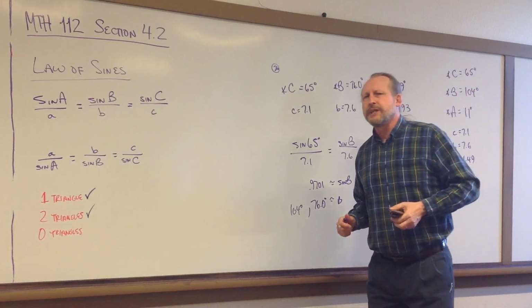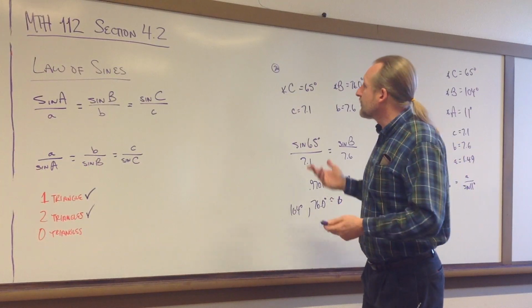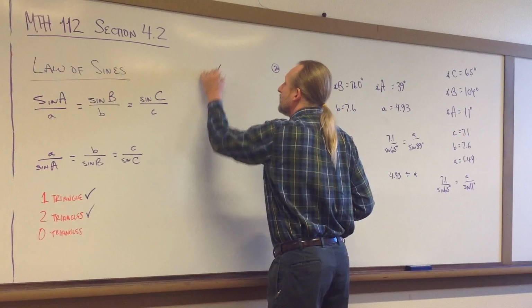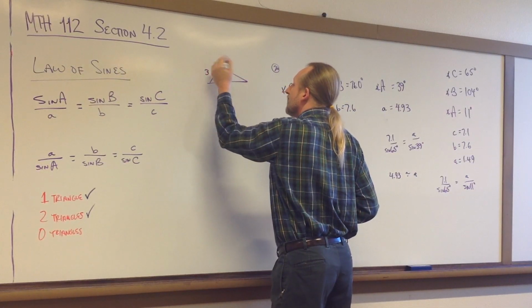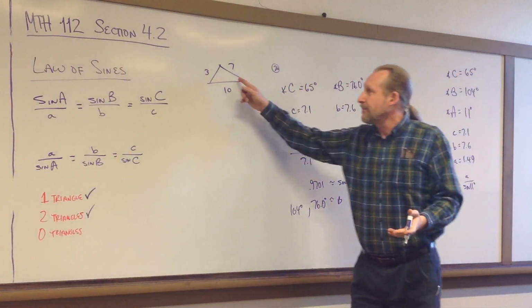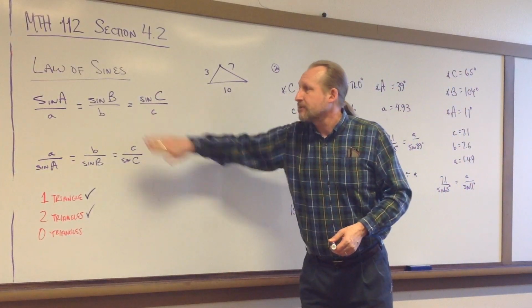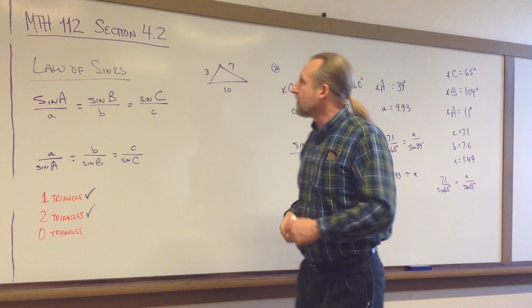Section 4.3 is about the law of cosines, and that's helpful in situations where you can't use the law of sines. Okay? We don't have any angles. How can we find out what the angles inside that triangle are? We can't use the law of sines because we don't have any angles to set up in a ratio.